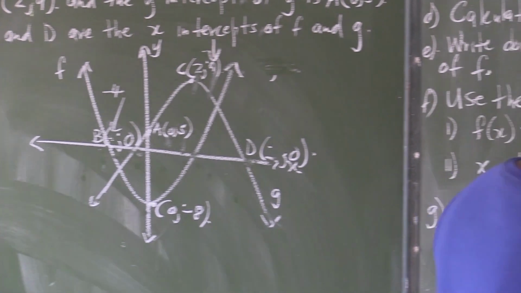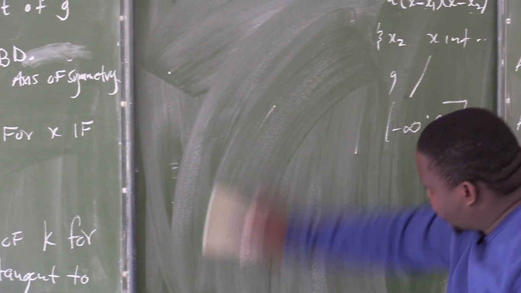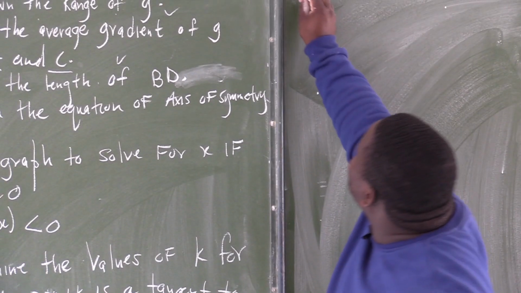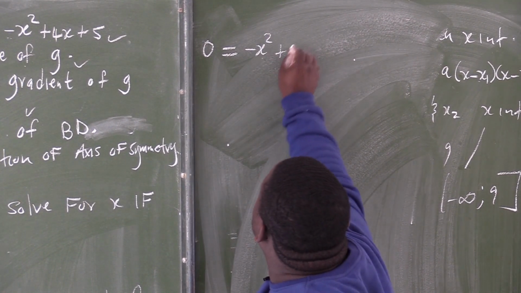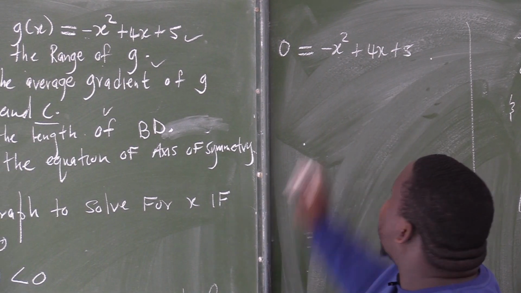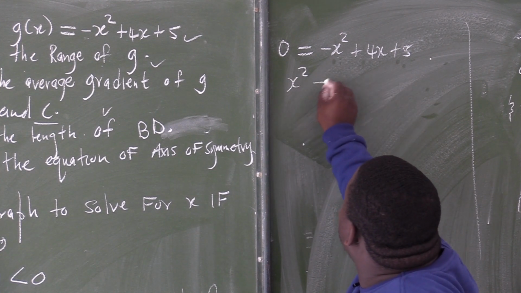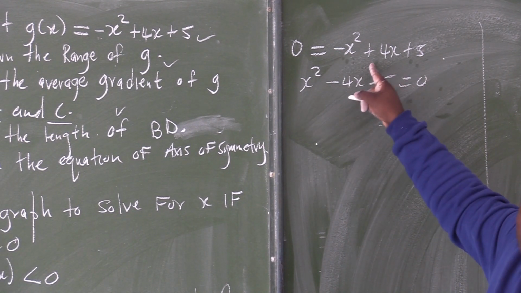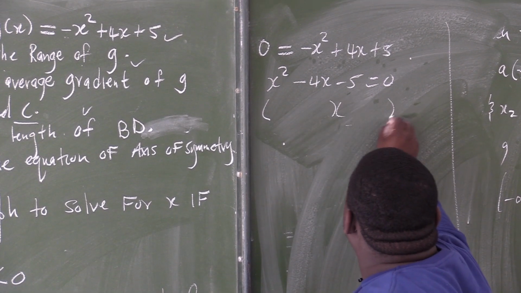So let's do it. It means we are now working with D. We are using the graph of G. Instead of y, I put 0 equals negative x squared plus 4x plus 5. Now let us solve. I can divide by negative 1 throughout to give us x squared minus 4x minus 5. How am I getting this? Divide by negative 1 throughout. Now let us factorize here.